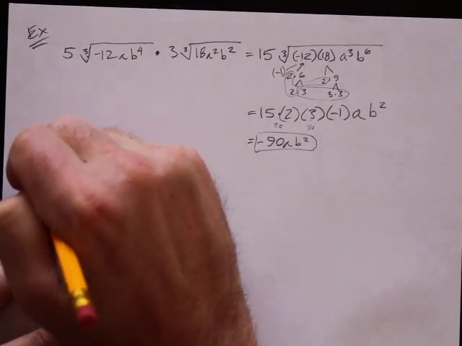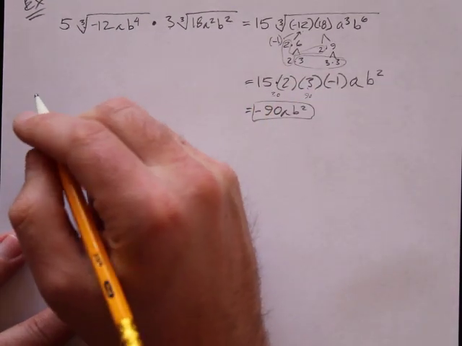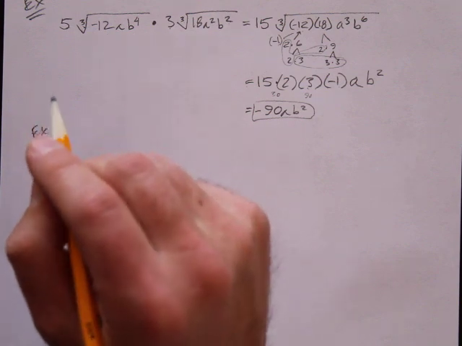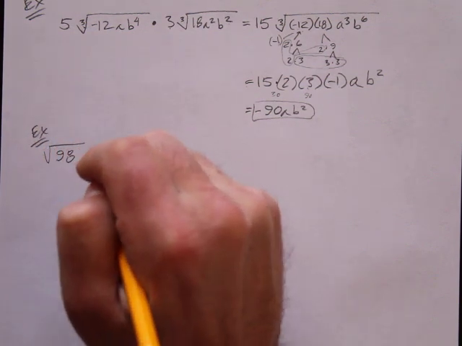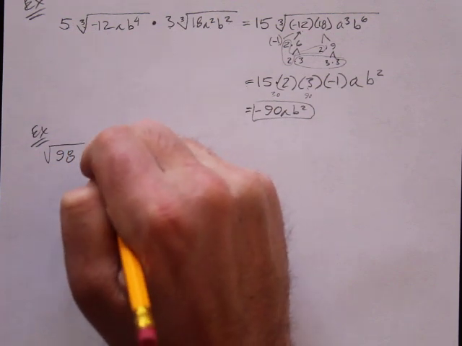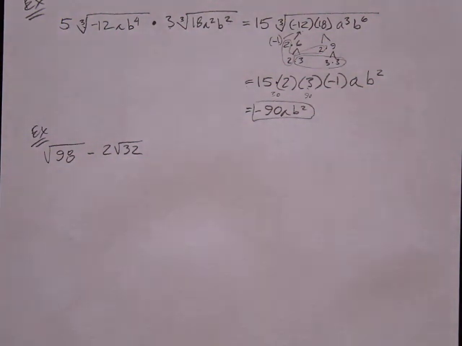One more example, and we are done with this section. The square root of 98 minus 2 times the square root of 32.